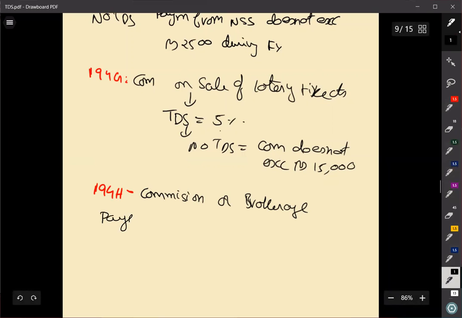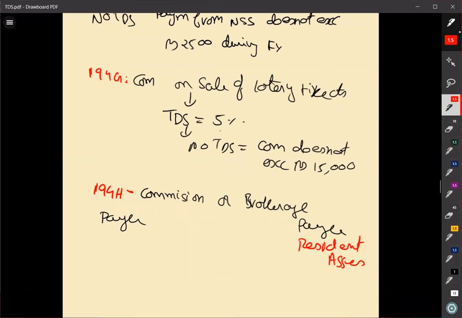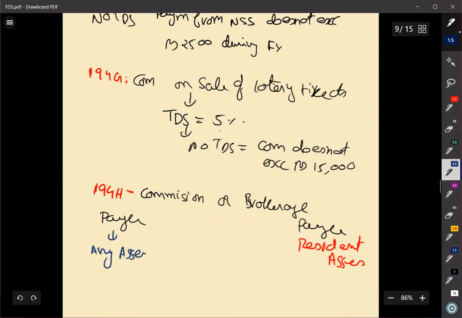Who is the payer and who is the payee? The payee, for this purpose, should be a resident. He can be anyone: individual, HUF, firm, AOP, etc. But who is the payer? The payer can be any person other than an individual and HUF.